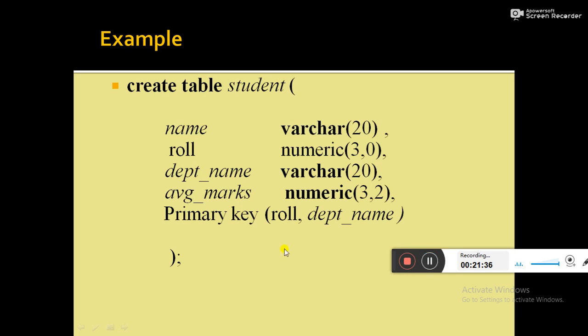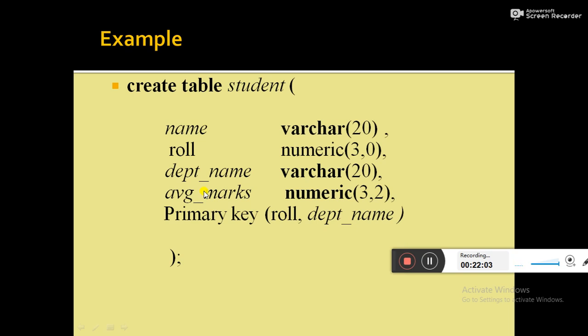Now take another example. Suppose again we want to create a relation student, but this time we want to store the name of the student, the roll number, the department name, and average marks. The point here is that we want to store the information of students of all the departments, not a single department.